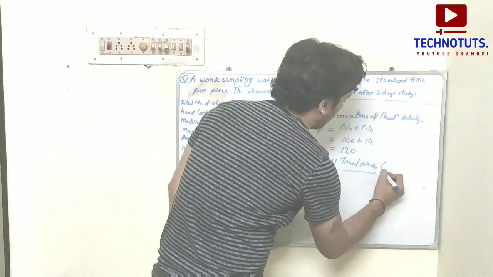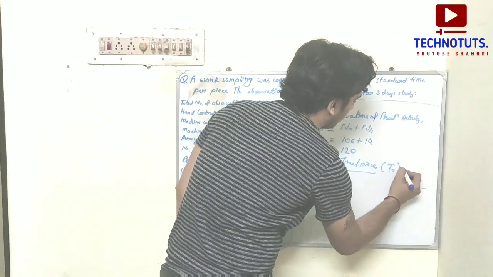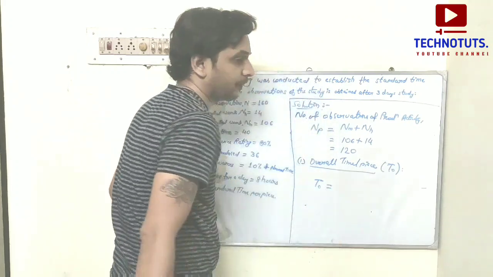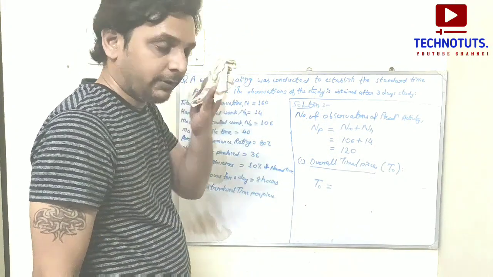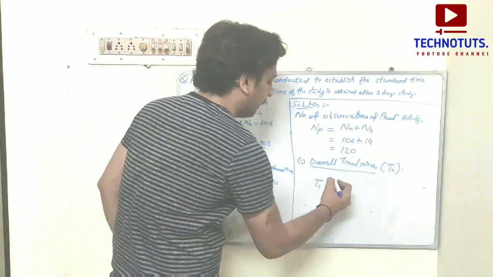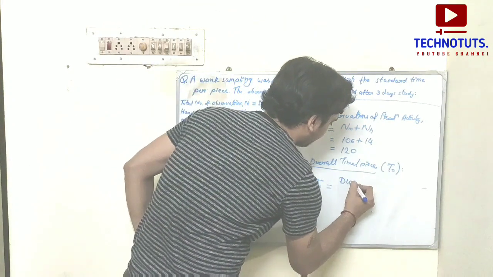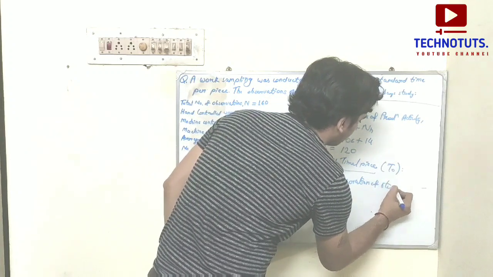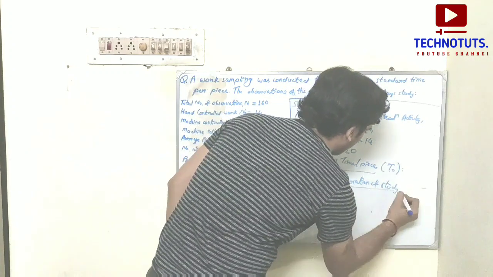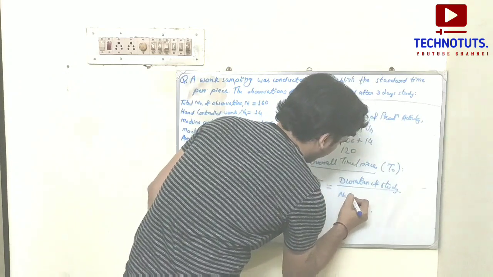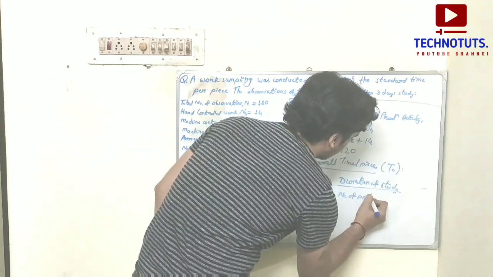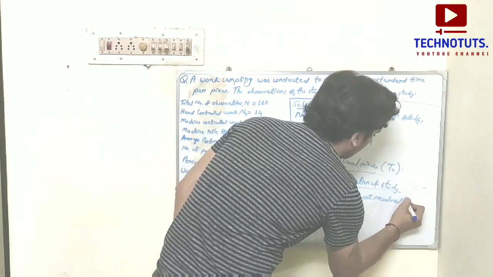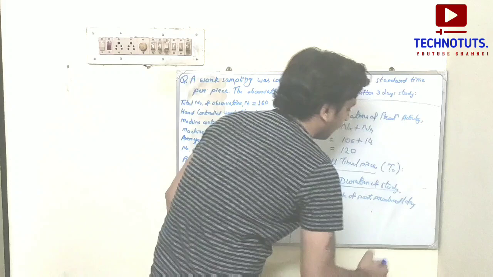Overall time per piece is denoted by TO, and TO is defined as the ratio of duration of study divided by the number of parts produced per day. Okay, students?